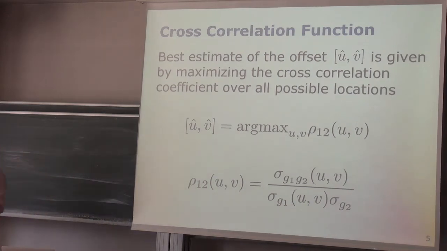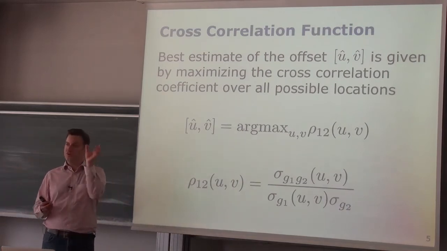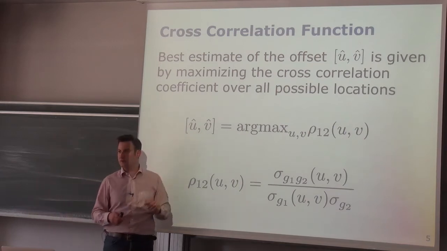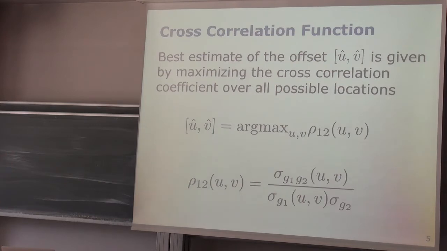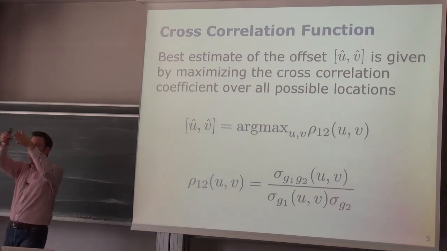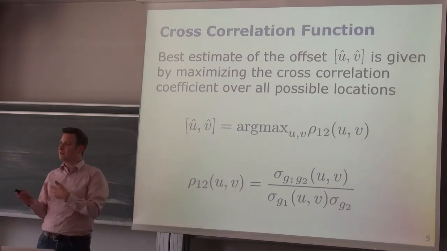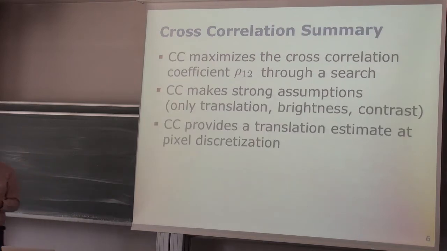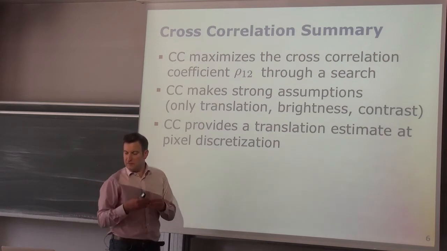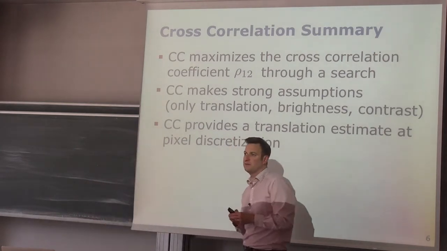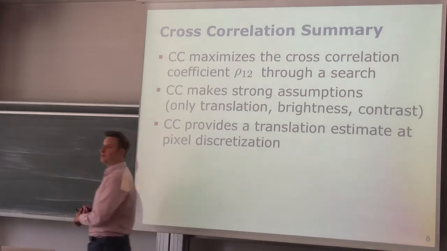The cross-correlation technique simply does this by search, in the trivial case an exhaustive search: simply try all combinations of shifts and select the best one. Or I can start with a hierarchical search, where I start on an image of reduced size, try to find a match, and then refine that. The hierarchical technique is typically faster, but we can also do an exhaustive search, simply trying all possible shifts and then selecting the shift where we get the best match.